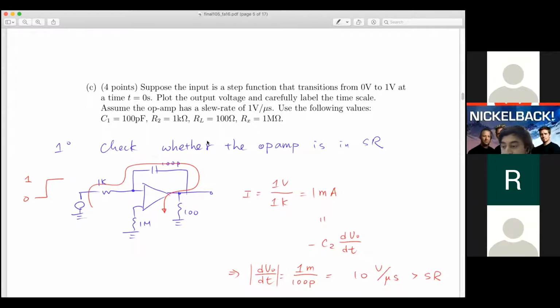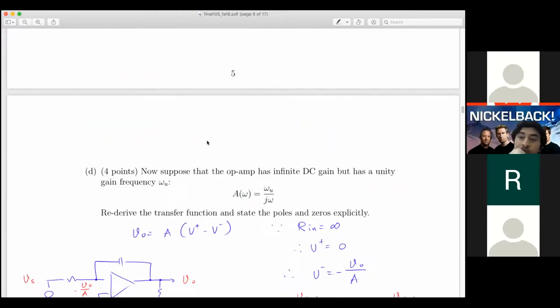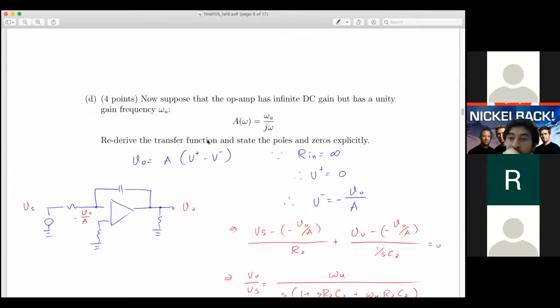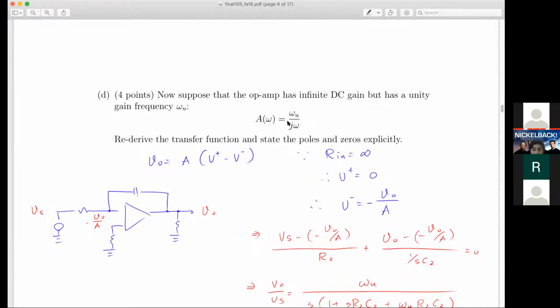Okay, so let's move to the fourth part. Right now, we're adding another non-ideality to the op-amp, which means the DC gain is still infinite, but it has limited frequency response. In order to derive the transfer function, we should go back to the node analysis.